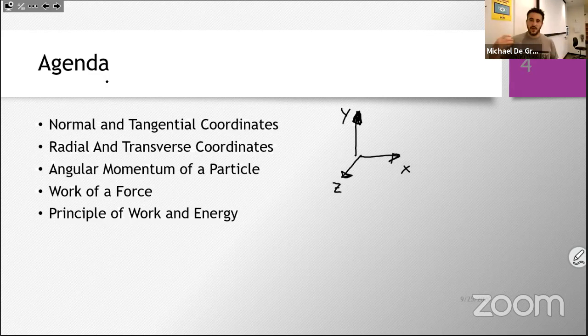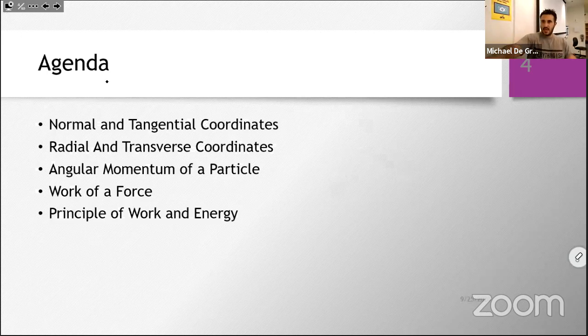What are the conditions under which we would not want to use this? Because I've told you guys, this is an arbitrary choice. You can use whatever coordinate system you want, but certain coordinate systems help you do a problem better than others, right? So let's jump into it.